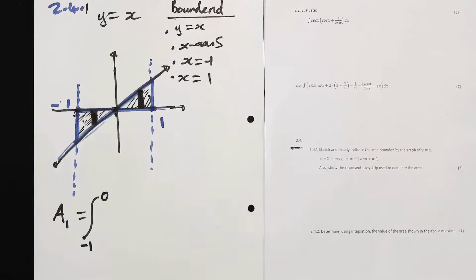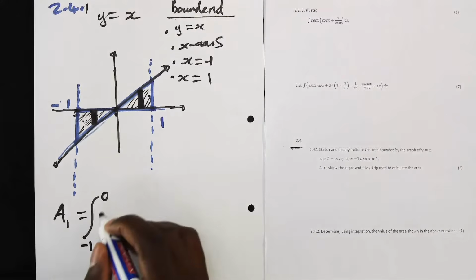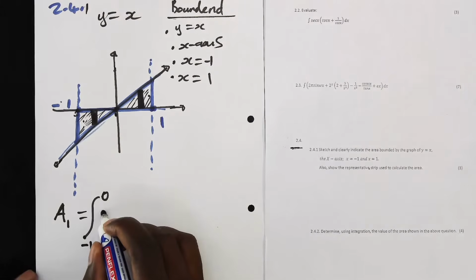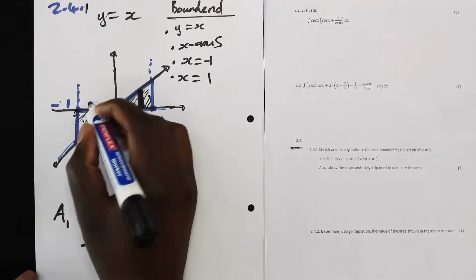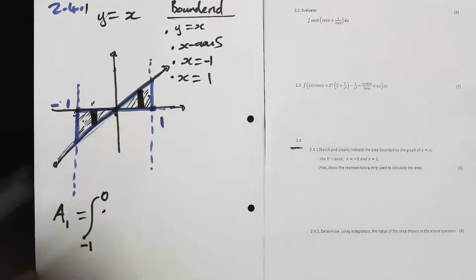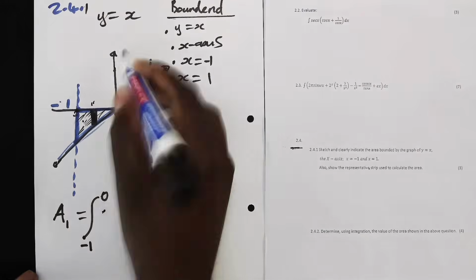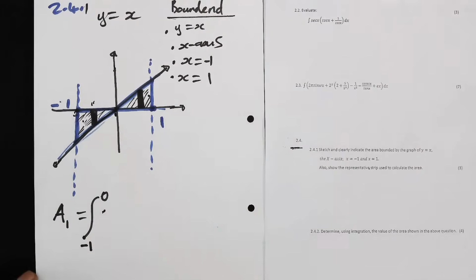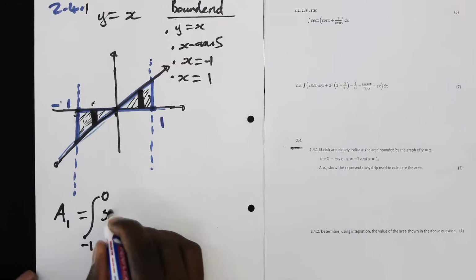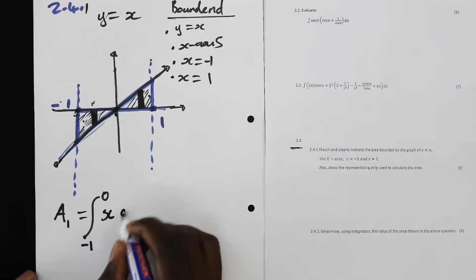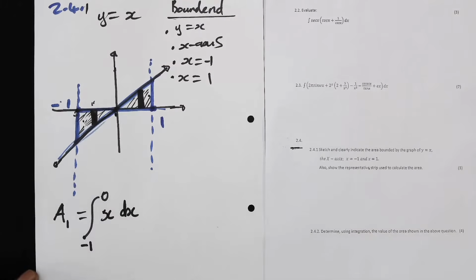Therefore, without wasting time, we're going to say y times dx, but you're going to multiply by the function that the rectangular strip is touching. So y equals what? It's equal to x, isn't it? Then times what? Times dx.